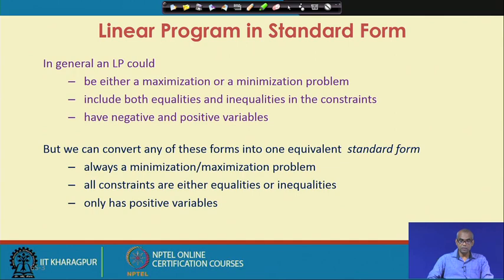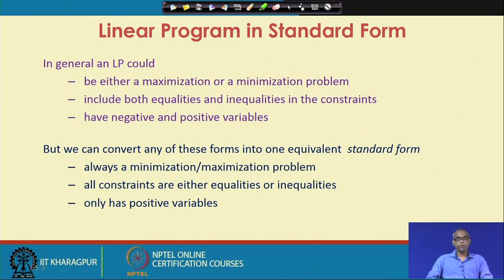But we can convert any of these forms into one equivalent standard form, where the problem is always posed either as minimization or maximization problem, where all the constraints are either equalities or inequalities, and all the variables are positive.